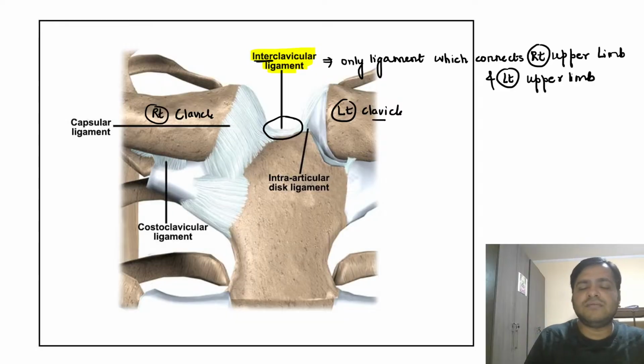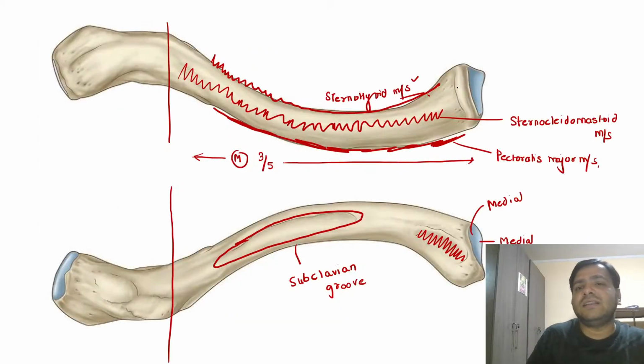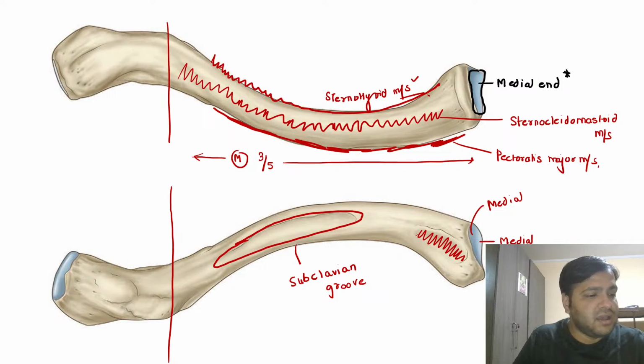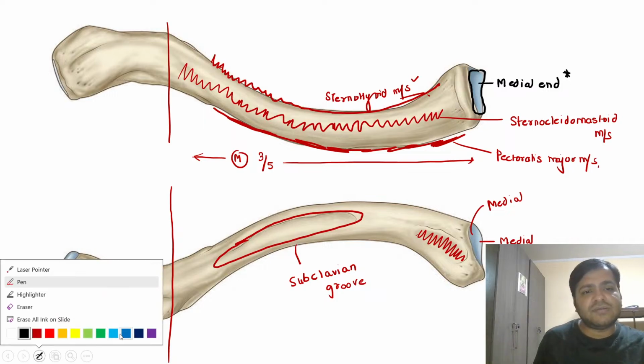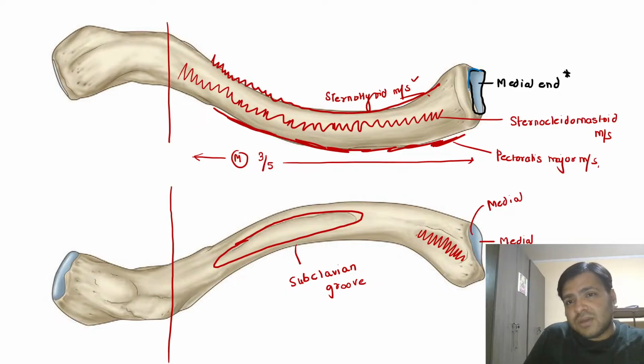Now, guys, we have already discussed that the medial end forms a joint called the sternoclavicular joint. Now the ends of this medial margin, be very clear with the statement, will give rise to the fibrous capsule.